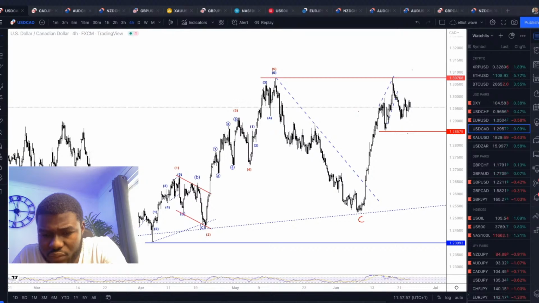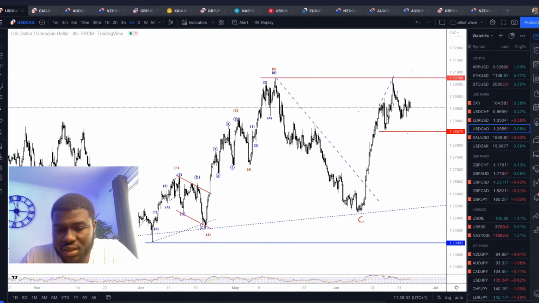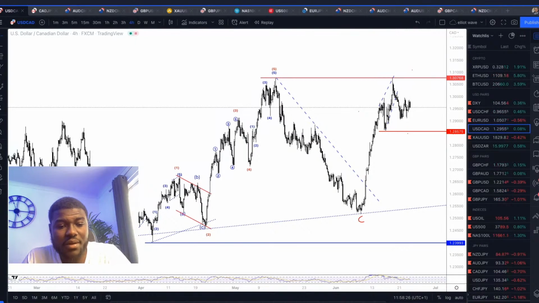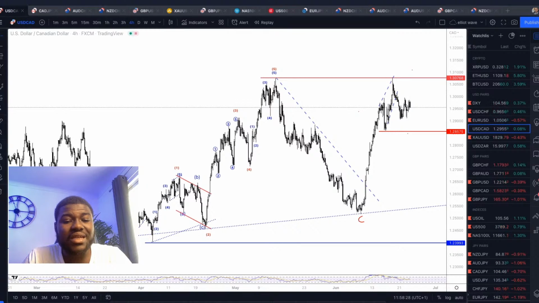I see Helpful here asking which method do you use? We use price action, Harmonic pattern, and Elliott wave, and most of the time I use Elliott wave because Harmonic pattern does not really appear most of the time. So you don't force it.